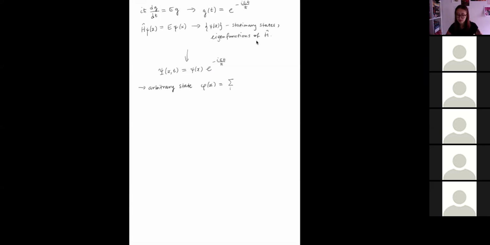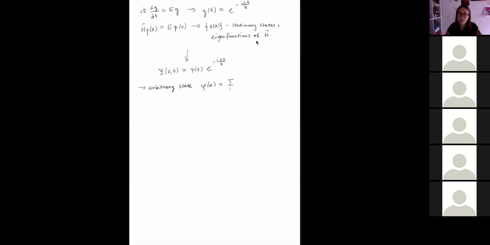We want to see how the state evolves under the action of the Hamiltonian H. And since we already know what the eigenfunctions of this Hamiltonian are, they actually form a basis.